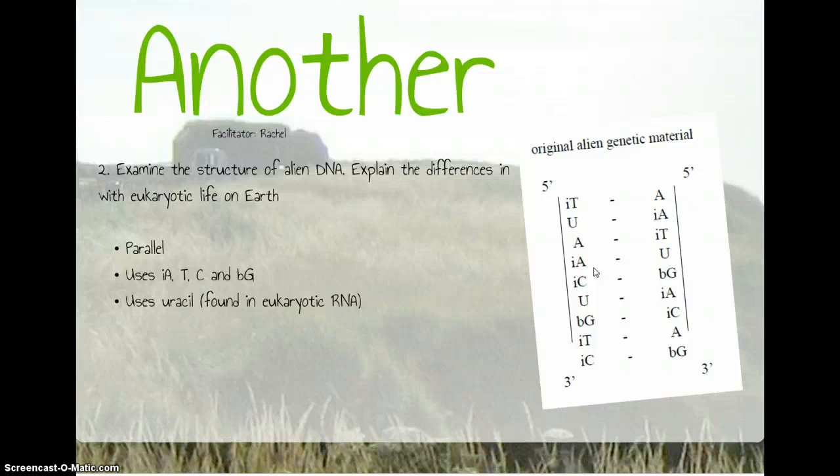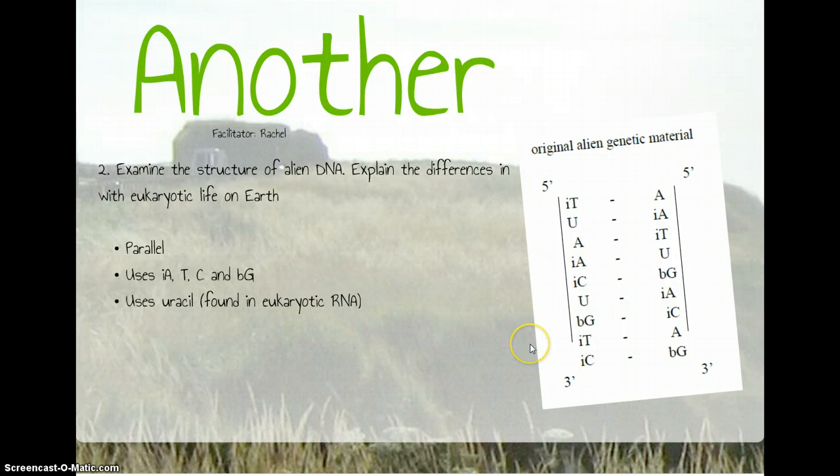Second question. We could examine the structure of the alien DNA again, but this time we explain the differences with the eukaryotic life you could find on Earth. So here's the same picture, but now we can look that it's parallel. And if you look at regular DNA in eukaryotic cells, it's anti-parallel. And that's very important because if it's just parallel, then the specific groups are going to repel each other and you can't keep a uniform structure in the same way.